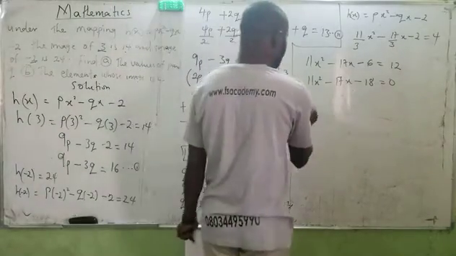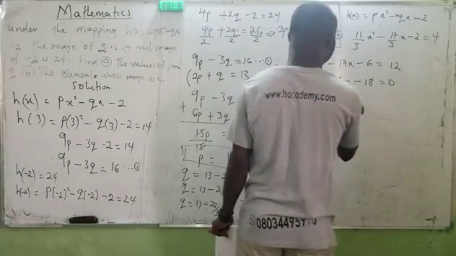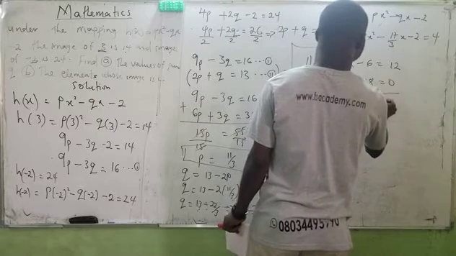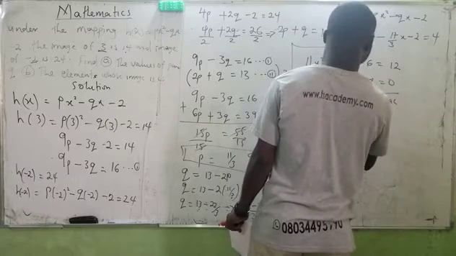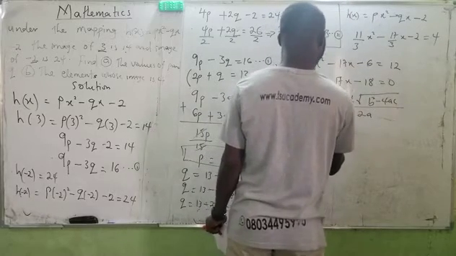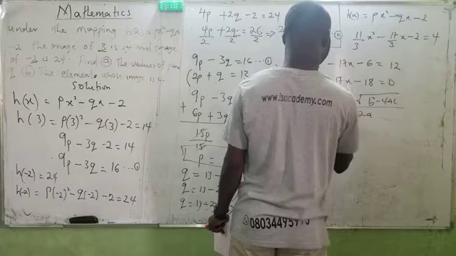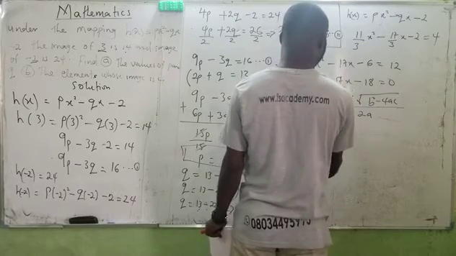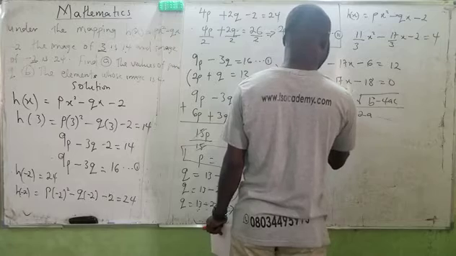x equals minus b plus or minus root of b squared minus 4ac, divided by 2a. Now, minus 17 is going to be plus 17, for better understanding for those that are not getting it.